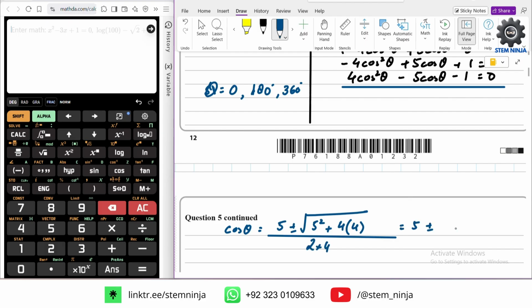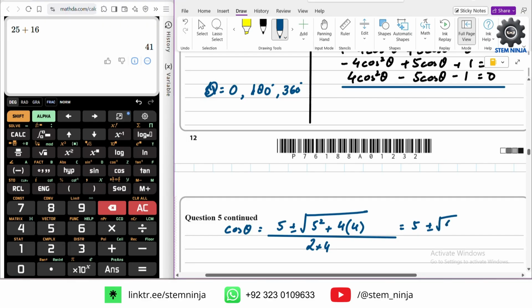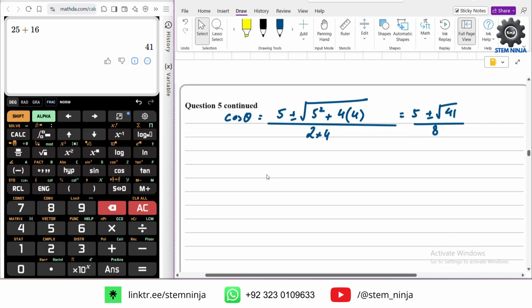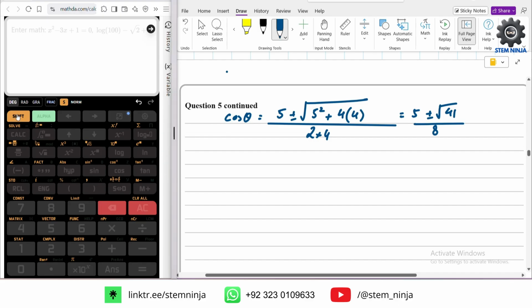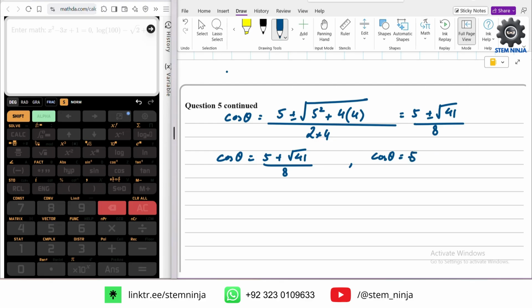So you have 5 plus minus root of 25 plus 16, which is 41, over 8. Okay. Right. So we need cos inverse. Cos theta is either 5 plus root 41 over 8, or cos theta is 5 minus root 41 over 8.